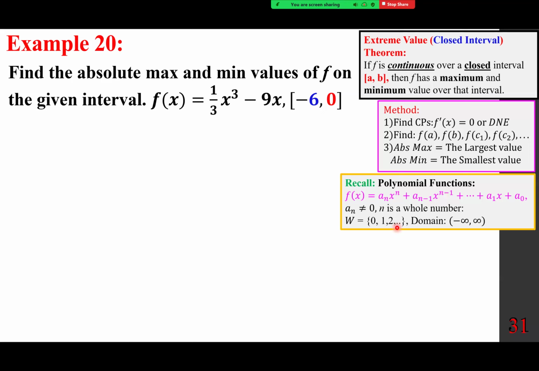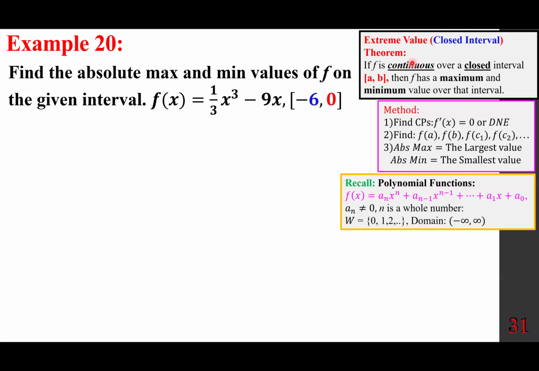Whole number means 0, 1, 2 to infinity. In that case, the domain is negative to positive infinity. That's what we mean by continuity. If you're claiming a function is continuous, come up with the domain that is continuous. All polynomials, regardless of the degree, are continuous everywhere. So that is established.